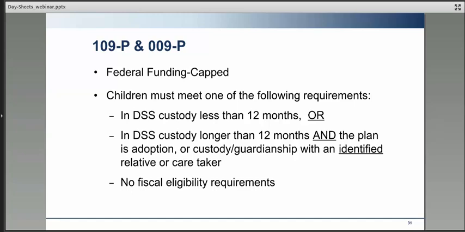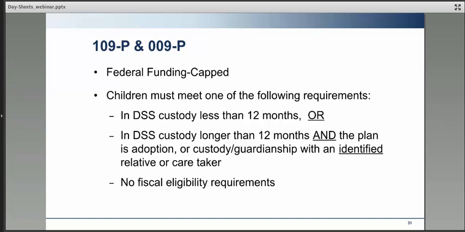It is either for children who have been in DSS custody less than 12 months, and this would again be for children who are not 4E eligible, because 4E would trump, or if they've been in DSS custody longer than 12 months, and this is important, this also must be in place: the plan is adoption or custody and guardianship with an identified relative or caretaker. That means the plan or concurrent plan may not be reunification, and it may not be APLA. If either of those two plans are in play, then the child cannot be coded to P.